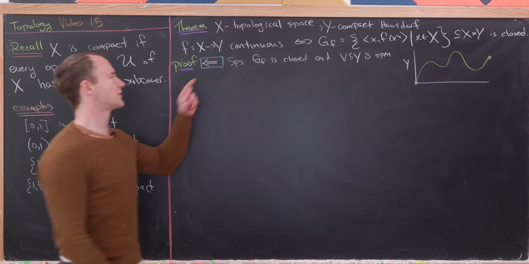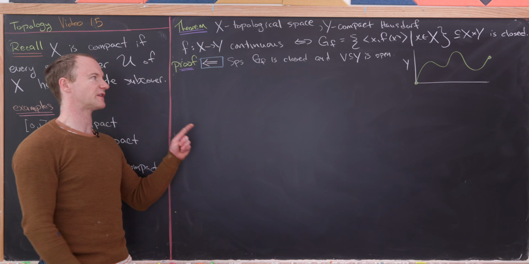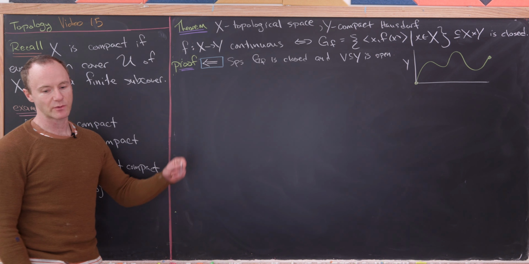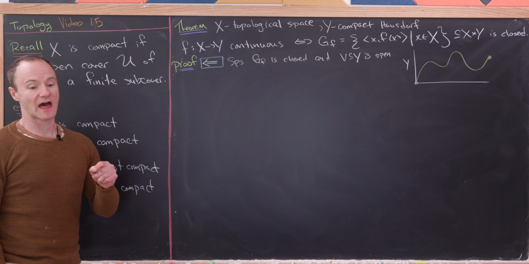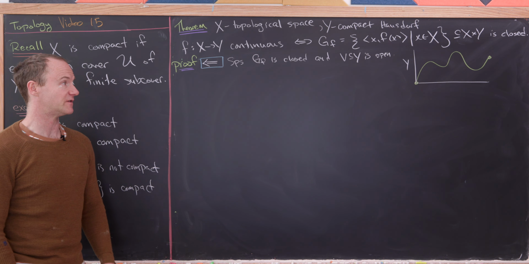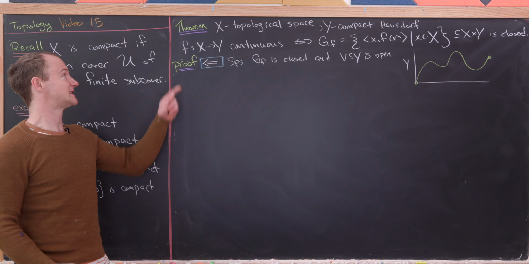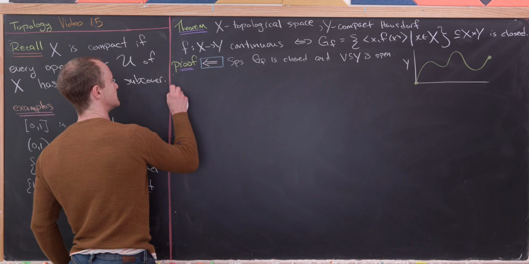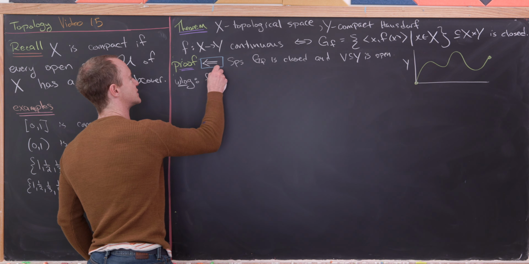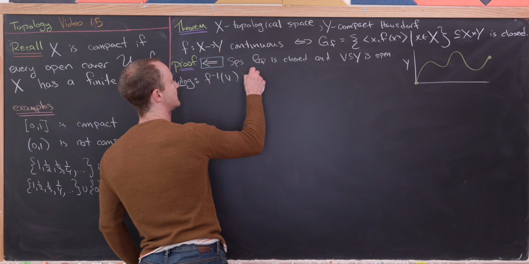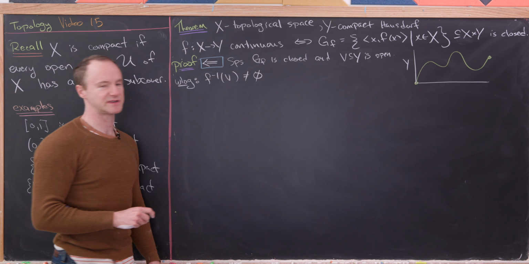Okay, so now for the reverse direction, let's start by supposing that the graph is closed and we have an open subset V of Y. Now we want to show that the pre-image of V is open. That's what it would take for f to be continuous. Now, I want to start by saying, without loss of generality, let's assume that the pre-image of V is a non-empty set.